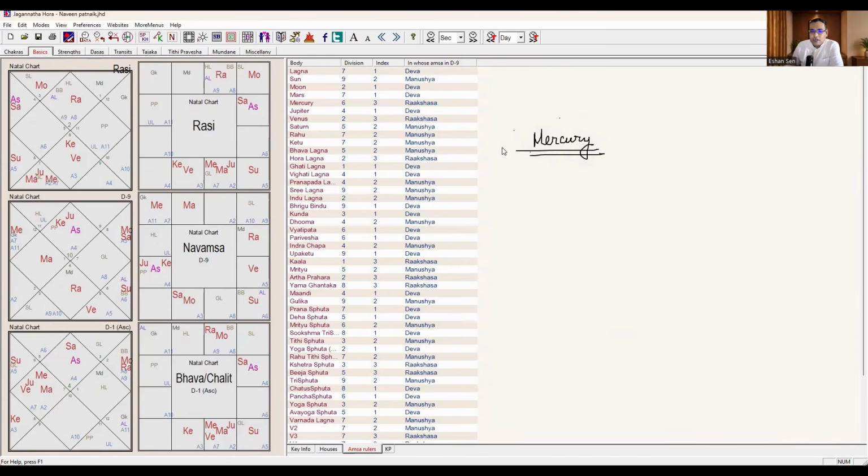So, see, Saturn over here is Manushya. That is also much into the gains and profits, not rebellious like Rakshasas, but still. So there is a conflict between his Lagna Deva as well as Saturn Manushya.